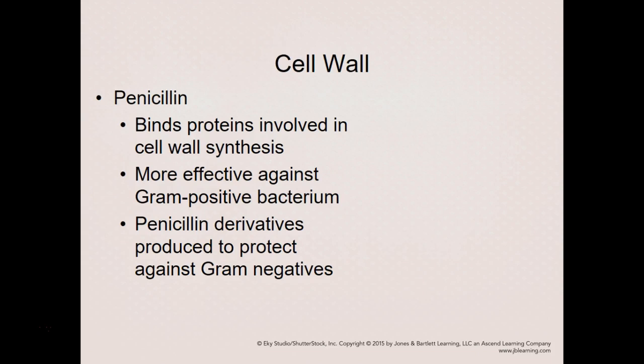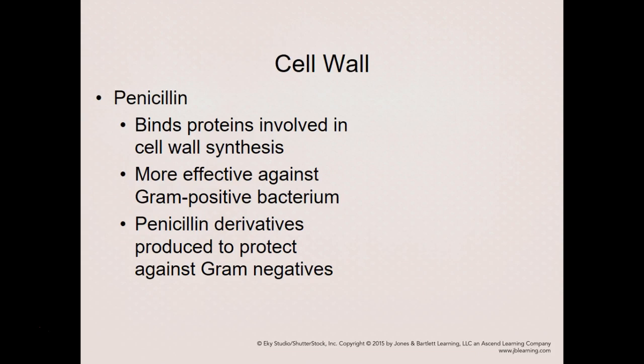And so in gram-positive bacteria that have a very thick layer of peptidoglycan, lots of layers of peptidoglycan basically, penicillin can be very detrimental because without the cell wall, we don't have structure and we don't have protection from osmotic conditions.